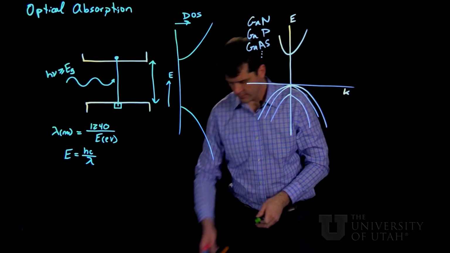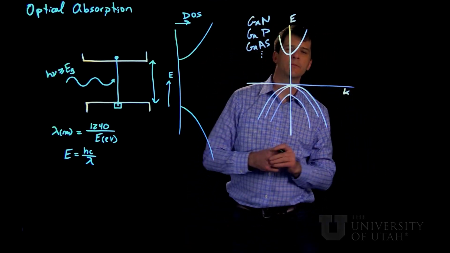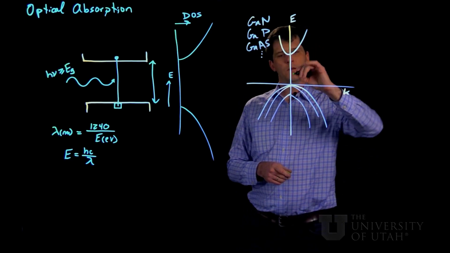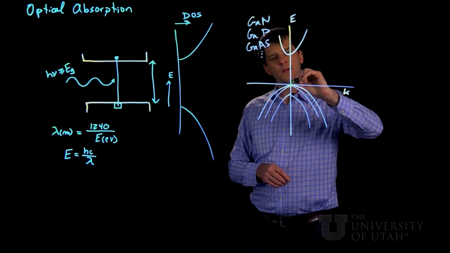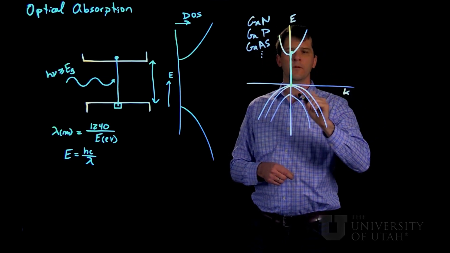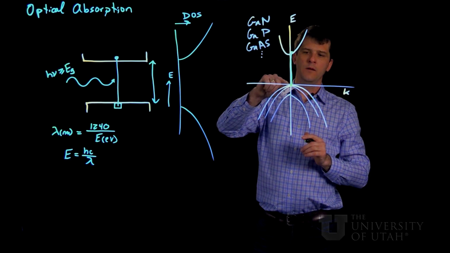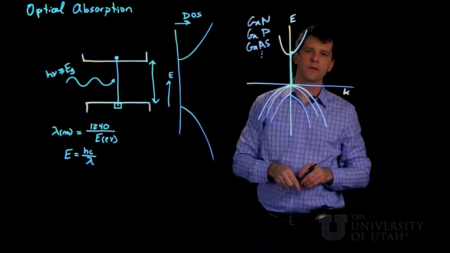So in these materials, it turns out that the absorption of light happens as vertical transitions. And let's look at why for a second here. So the photon comes in, takes a hole out of the top of the valence band, puts it right into the bottom of the conduction band.